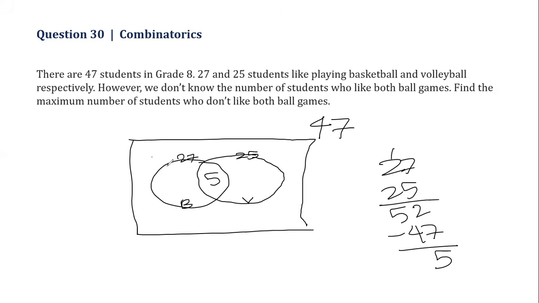So if a total of 27 students like basketball, this would be 22, the number of students who only like basketball. And for the students who only like volleyball, that will be 20. If we add all of this, you would get 47. However, that would mean we would have no students who don't like both ball games.